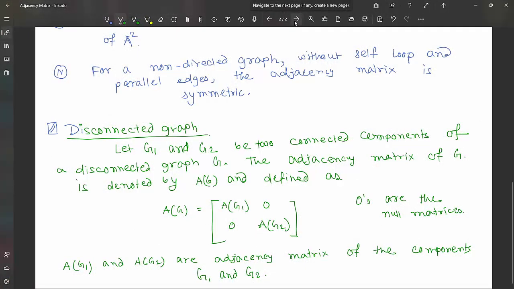So now we will take one example from that. Okay, let's take this problem: construct the adjacency matrix for the graph.